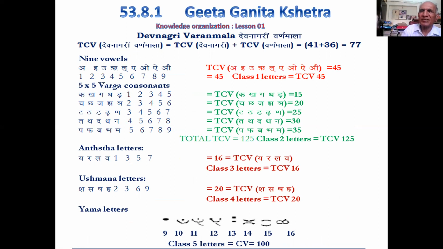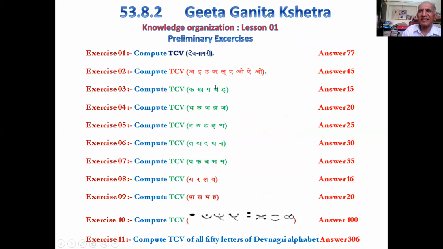We have mentioned 77 just to see whether or not we are conscious and alert as to our computation. The subsequent answers or the precise answers will give a confidence.